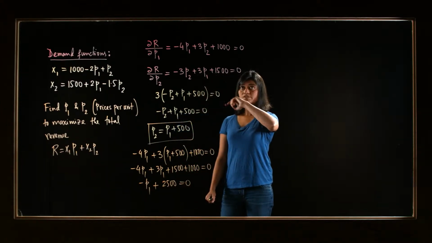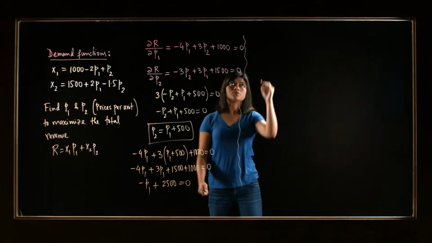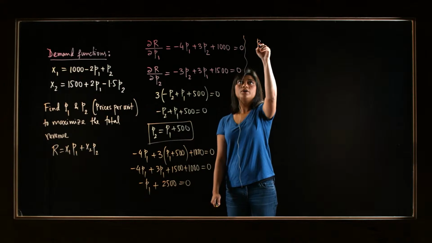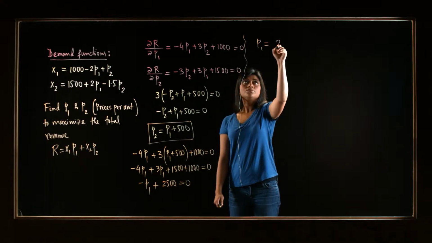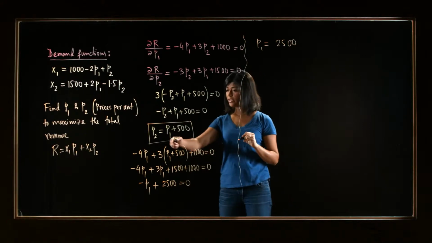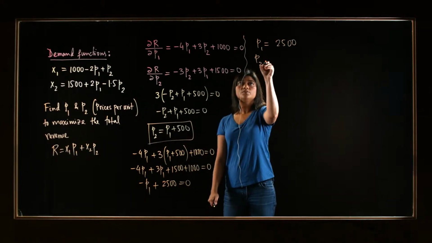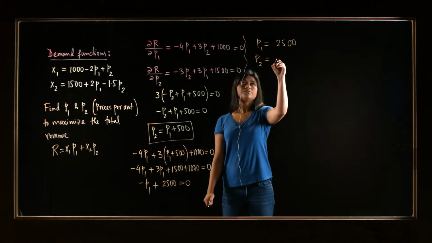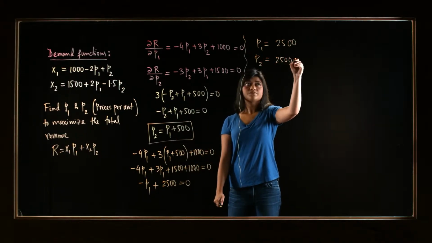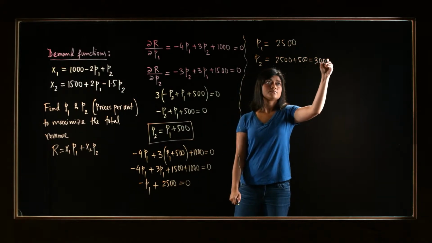So let's go up here. We get our p1 is 2500. And then you can plug in the value of p1 to get p2. So p2 will be 2500 plus 500. So that is 3000.